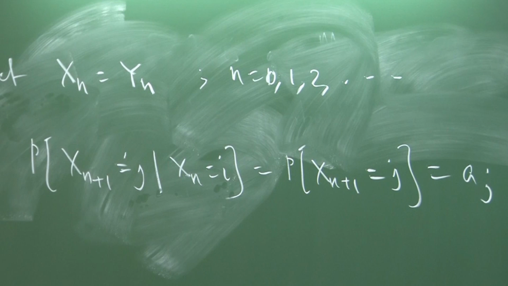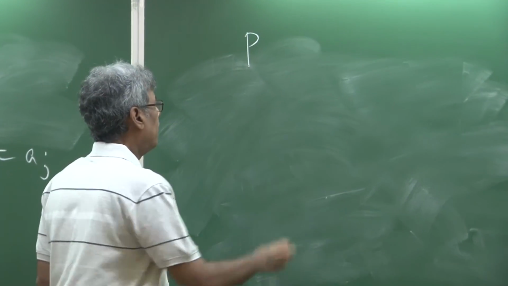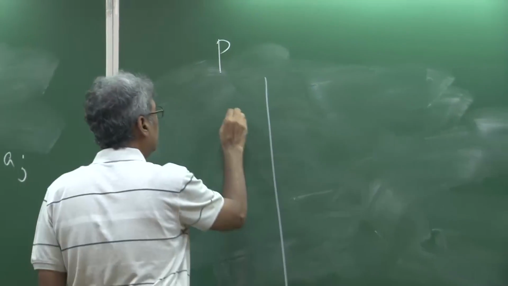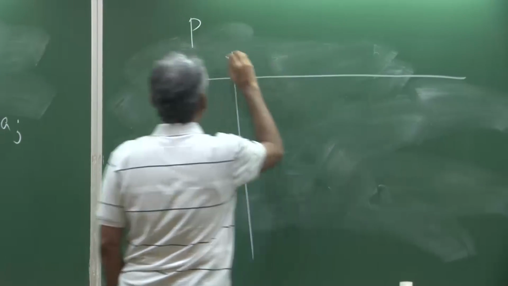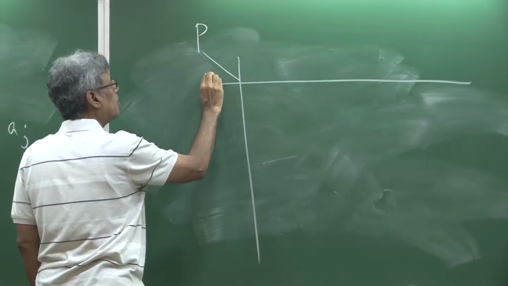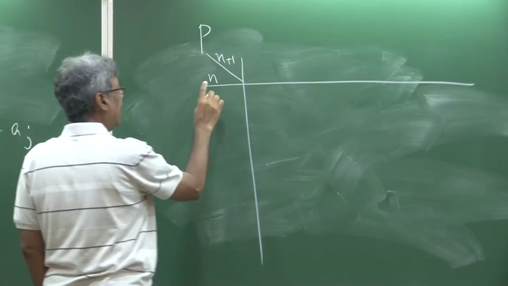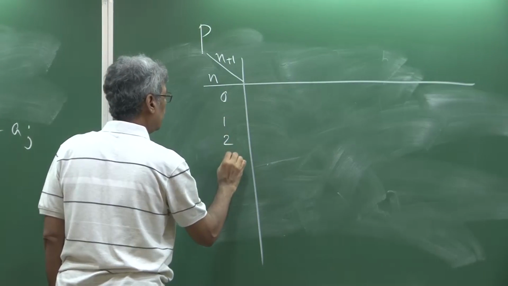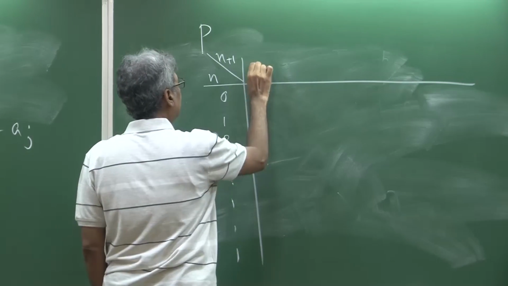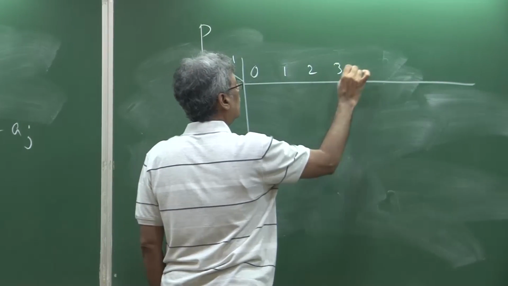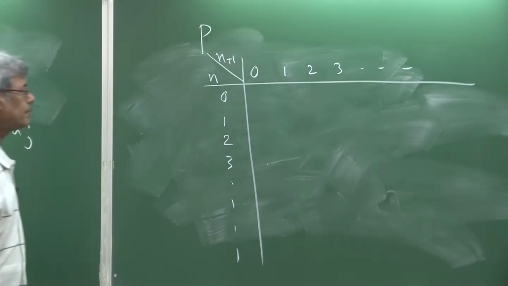Therefore, if I write down the transition probability matrix P, this is basically the nth position, and this is the (n+1)th position, with states 0, 1, 2, 3, 4 and so on.